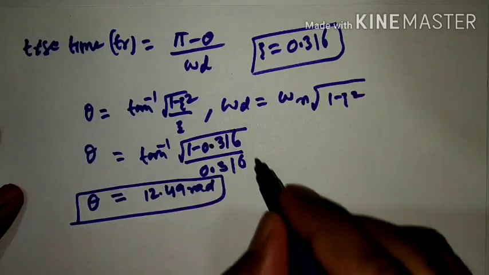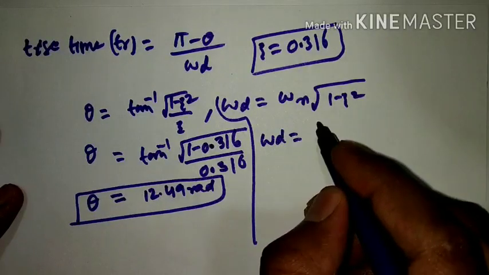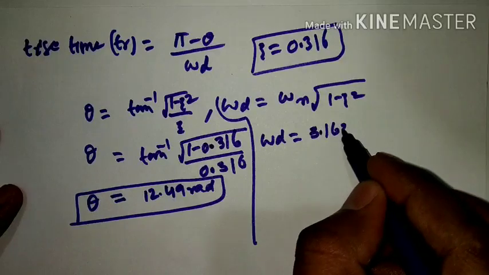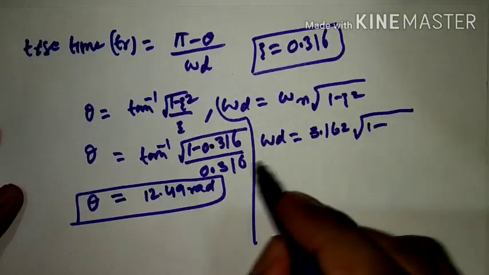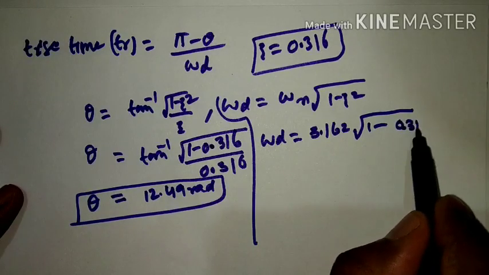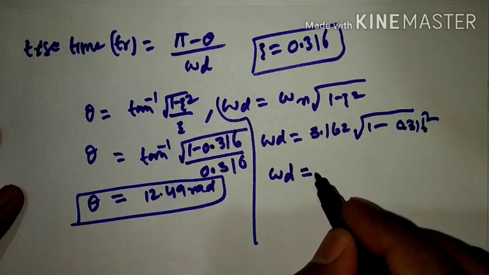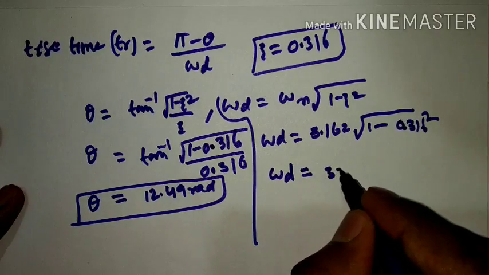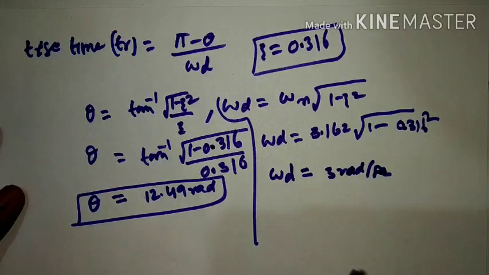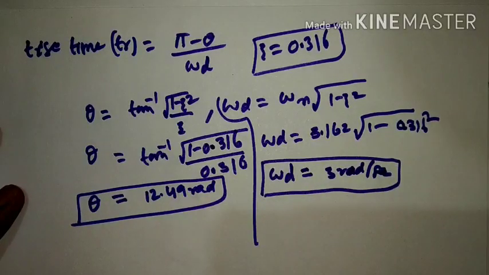Now omega d: omega n is 3.162 radians per second, and zeta is 0.316, so omega d is equal to 3 radians per second. So this is the omega d value.